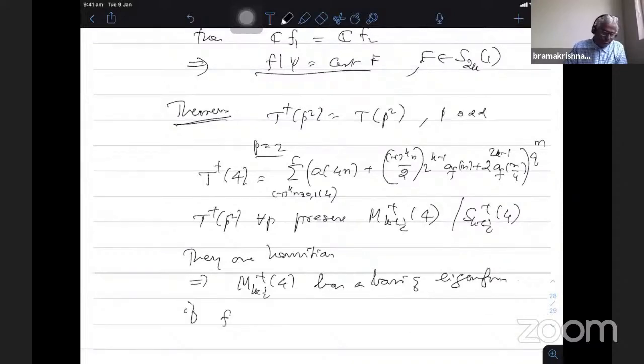Okay, so if f equals the summation a_n q^n, and capital F is the summation a_F(n) q^n.